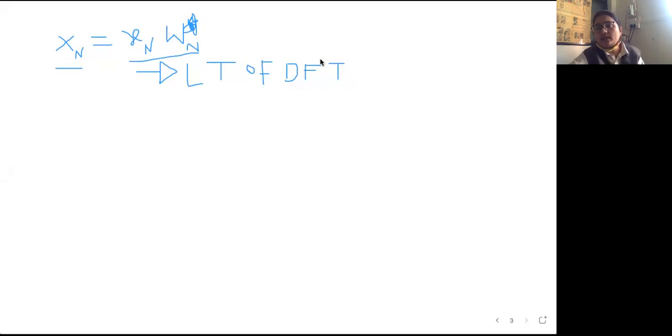So this is the second technique with which you can calculate the DFT values. So in the next lecture, we will see how to calculate discrete Fourier values or DFT values by using linear transformation. Okay. So with this now, we will stop for today's lecture.